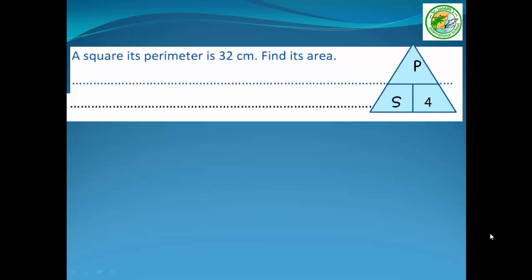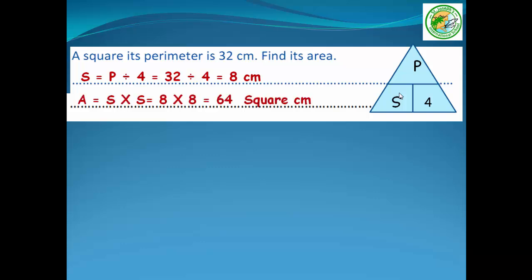To get the side length, we will divide the perimeter by 4. Side length equals perimeter divided by 4, 32 divided by 4 equals 8 centimeters.